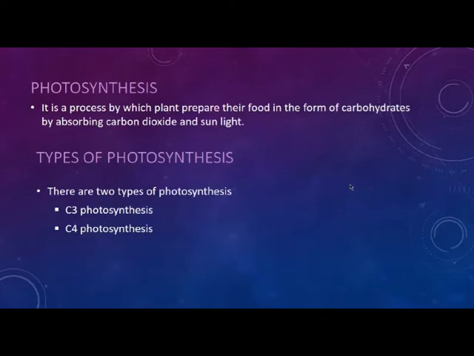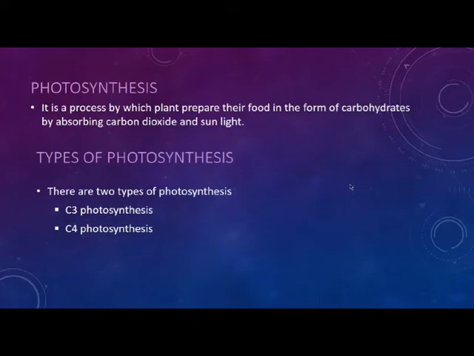So, as you all know, dear students, photosynthesis is a process by which plants prepare their food in the form of carbohydrates by absorbing carbon dioxide and sunlight. There are two steps that take place in this process: the light reaction and dark reaction. Dark reaction is also called Calvin cycle.